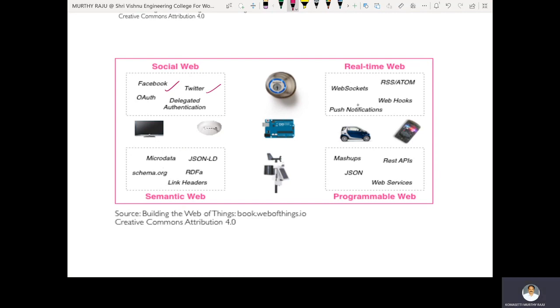These are the real-time web, that means actions created at that time only, with WebSockets and webhooks. These are the programmable web: REST APIs, web services, JSON. These are the programming platforms. All are combined to form a Web of Things.